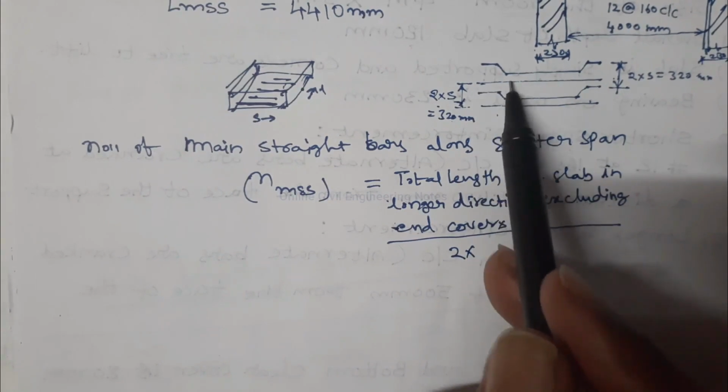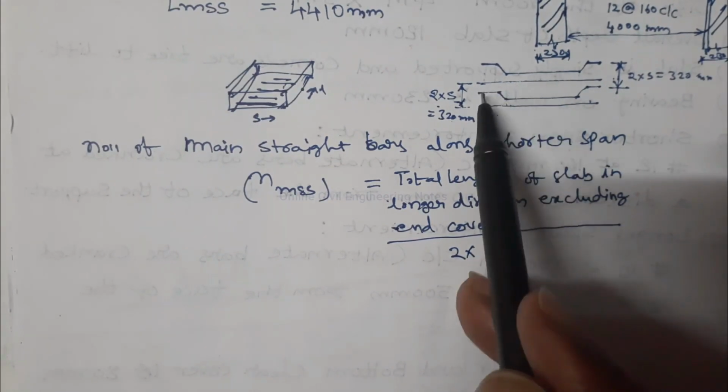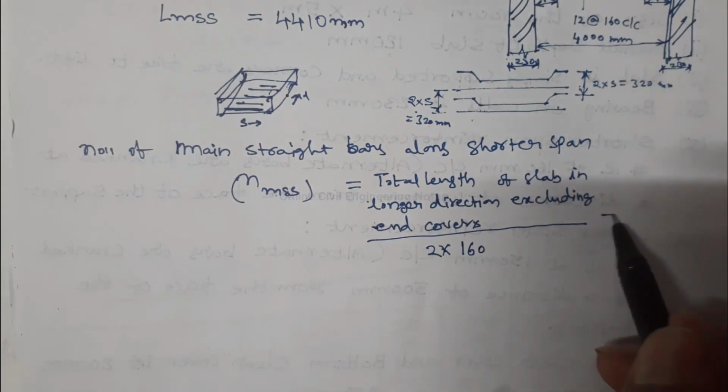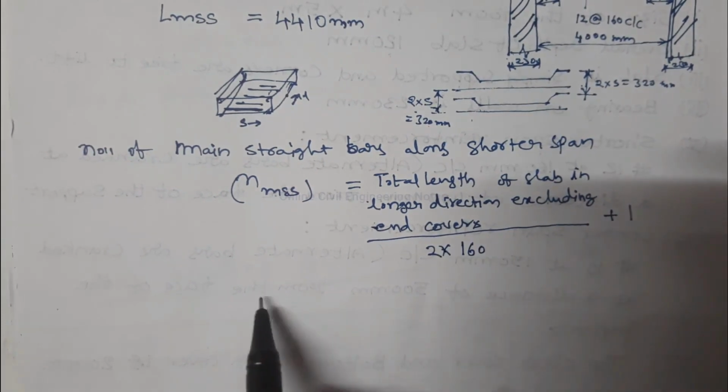See, this is the arrangement of straight bars as well as cranked bars. 2 into spacing given is 160 mm plus 1.